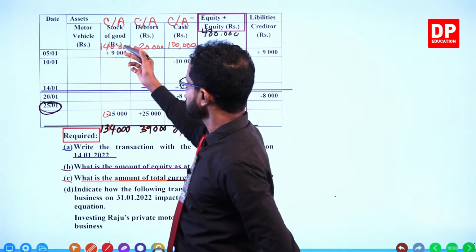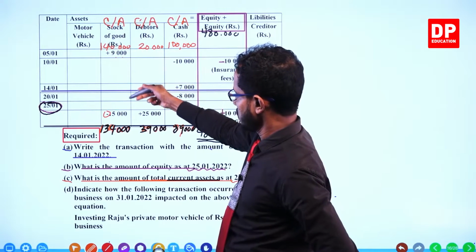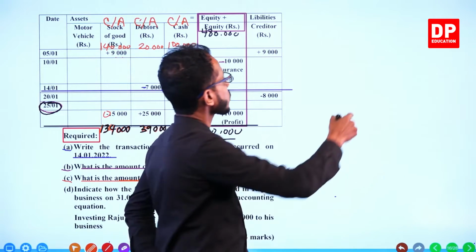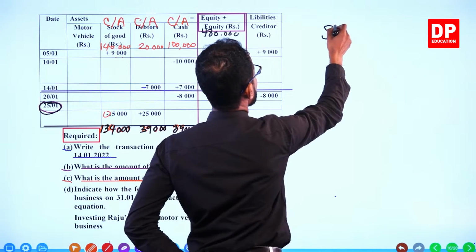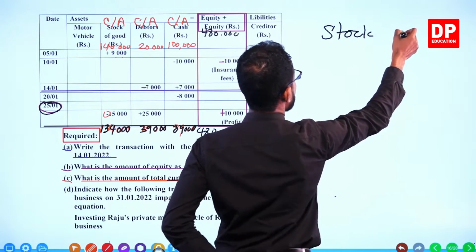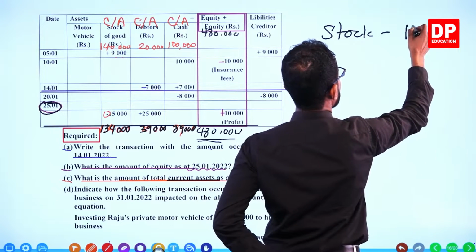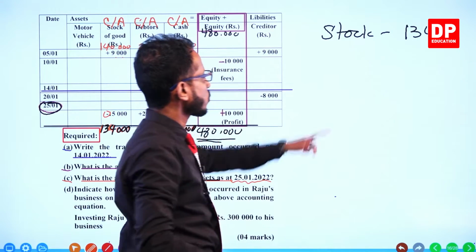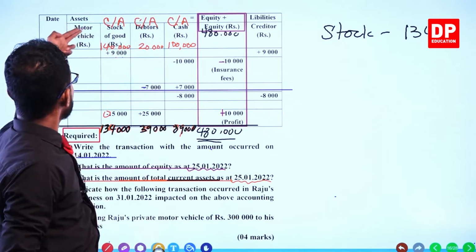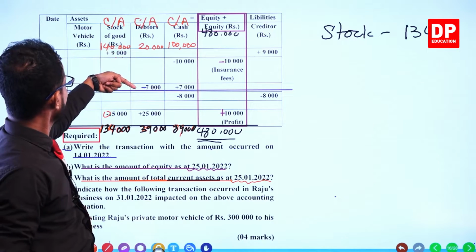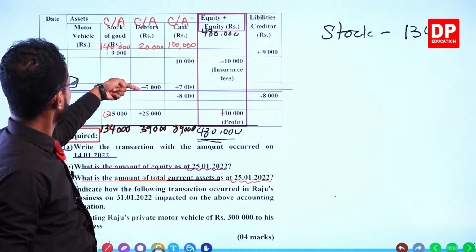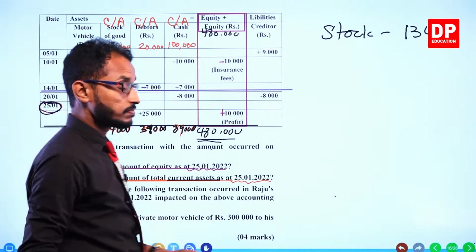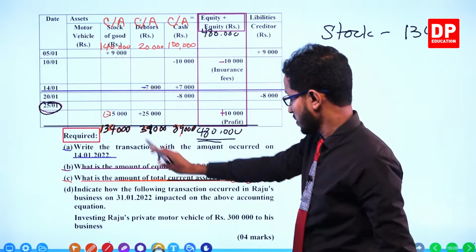Let's recheck and take the totals. Stock 134. Debtors 20, 45, 38. 38 here, not 39, 38 here.